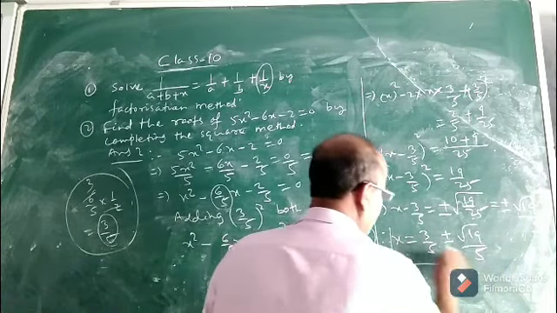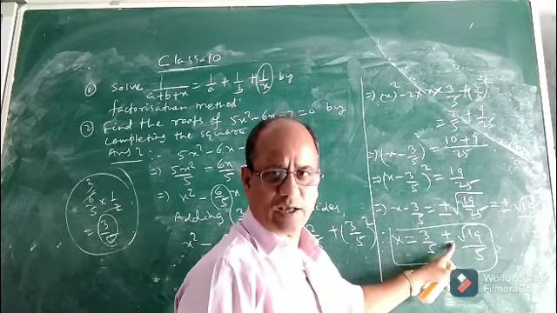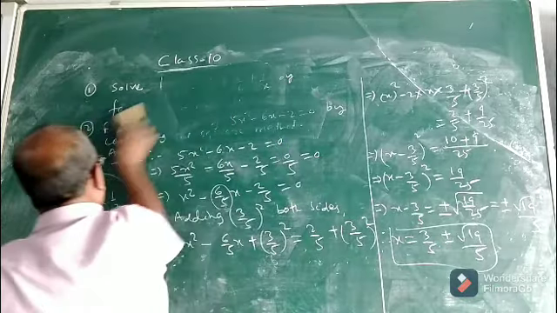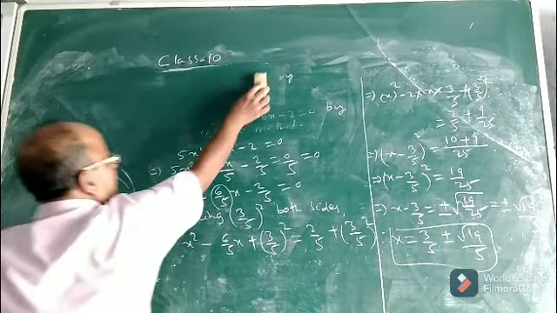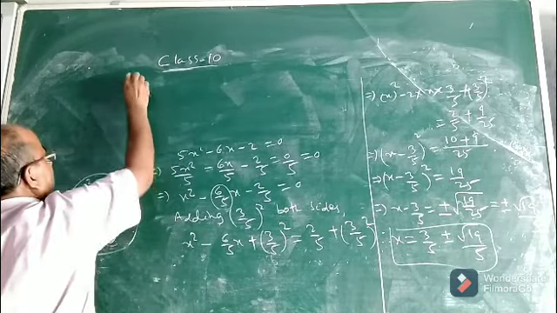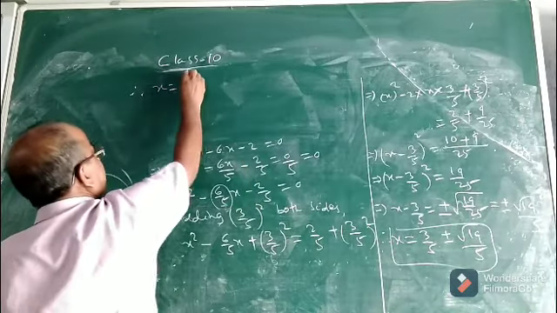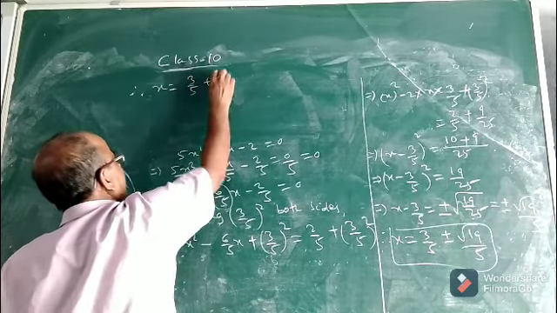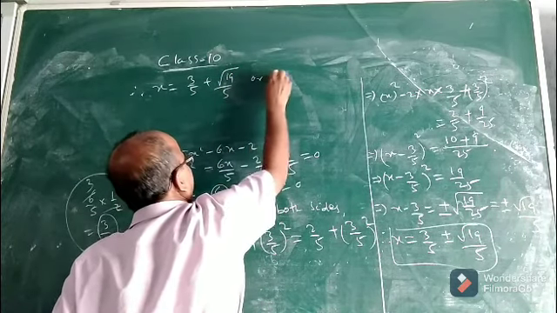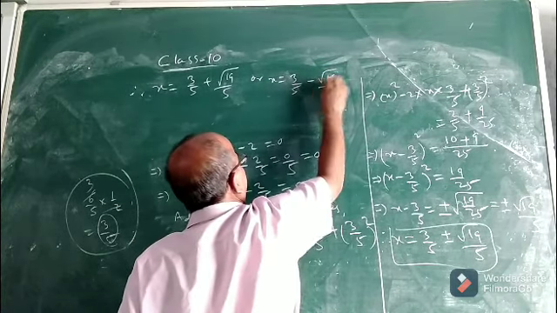See, this is the solution. These are the roots. As there are two signs, plus and minus, you will get two values. So what will be the values of x? Therefore x equal to 3 by 5 plus, taking the positive value, root 19 by 5, or x equal to 3 by 5 minus root 19 by 5.